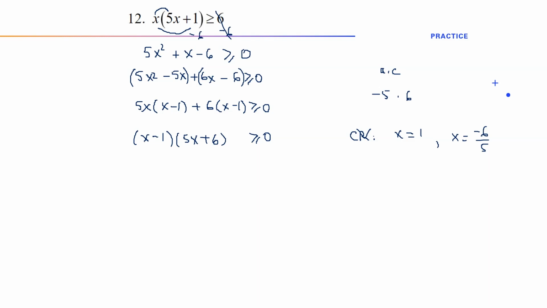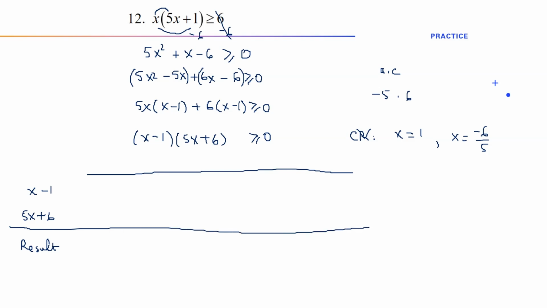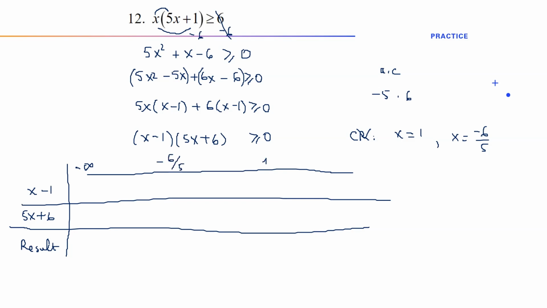Alright, now we make the chart and the line, right? So we have the line, the chart, x minus 1, 5x plus 6, and then the result. We have negative infinity on this side, negative 6 over 5 first, then 1, and then positive infinity.